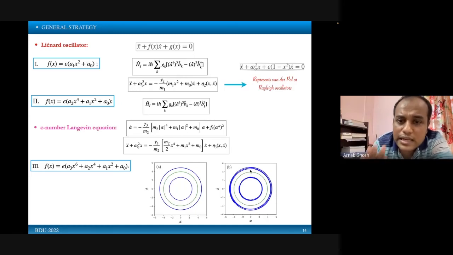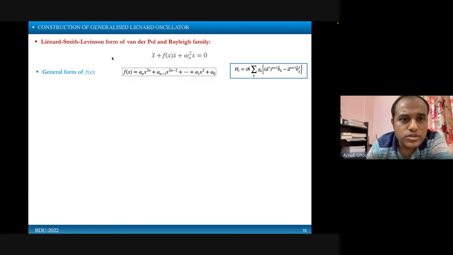And with this, let me generalize this technique to any arbitrary polynomial f of x of degree 2n. This is what we call the Liénard-Levinson form of the van der Pol and the Rayleigh family.